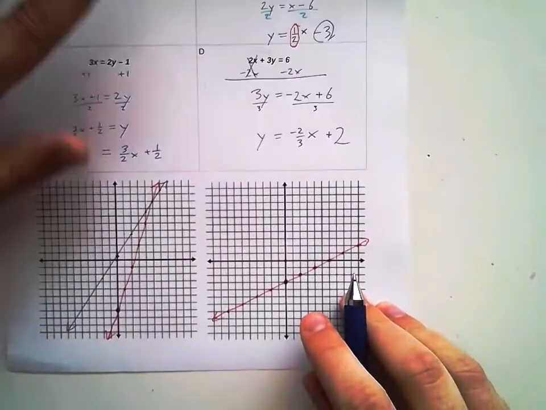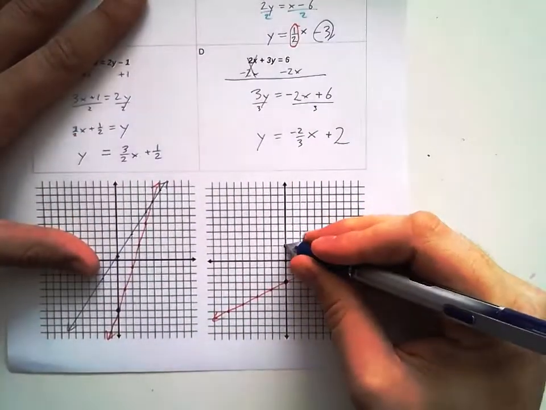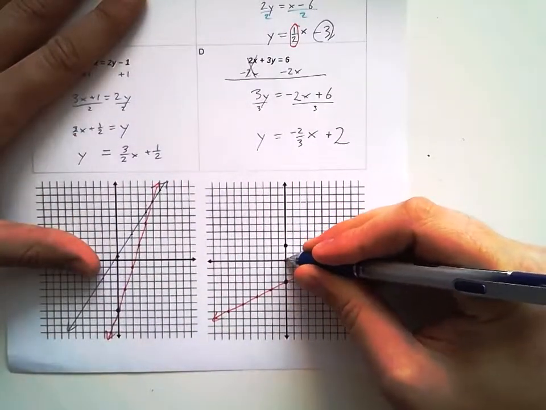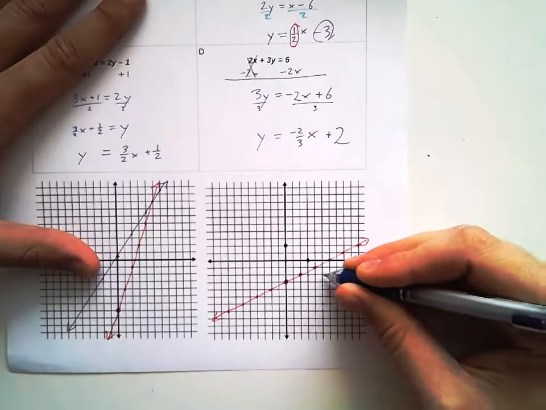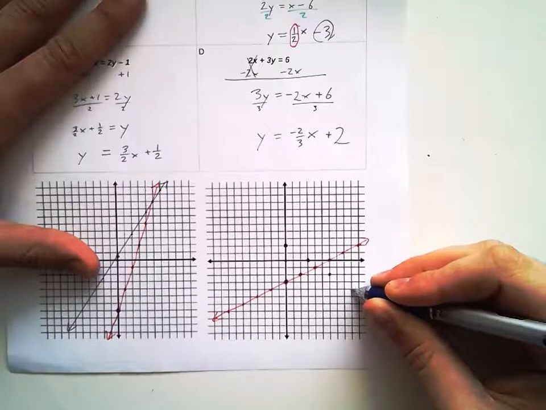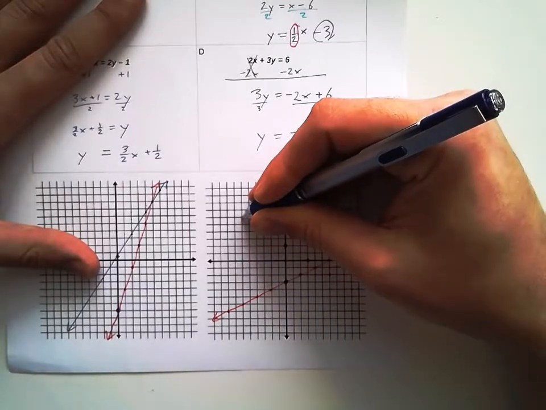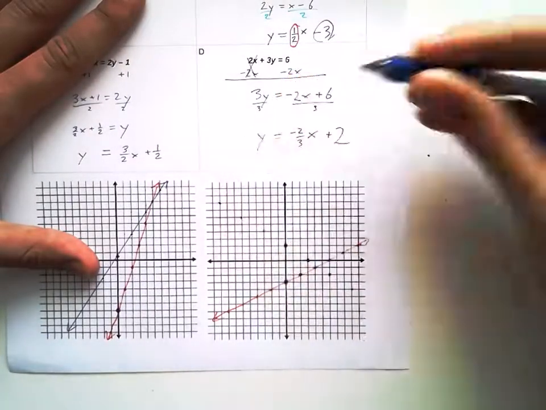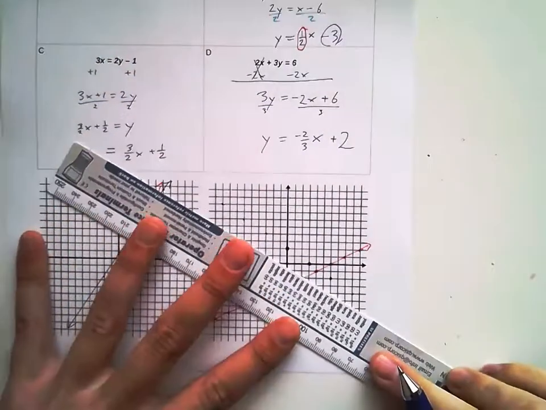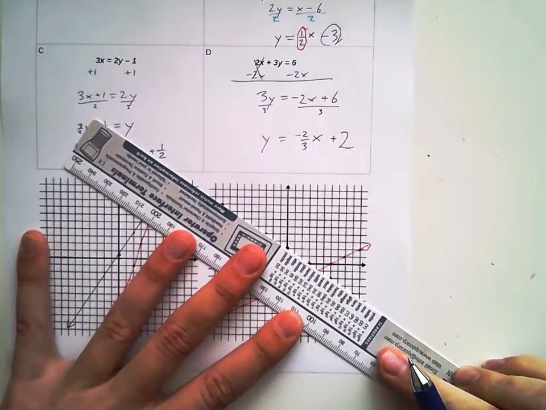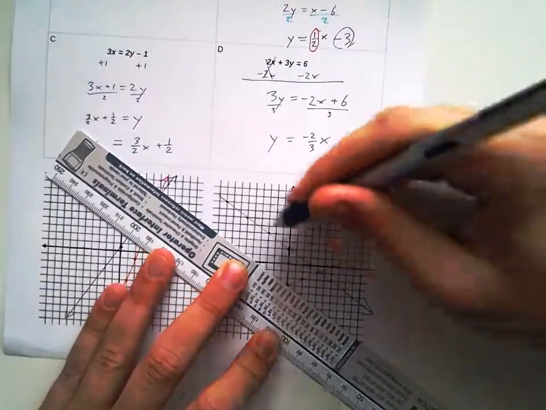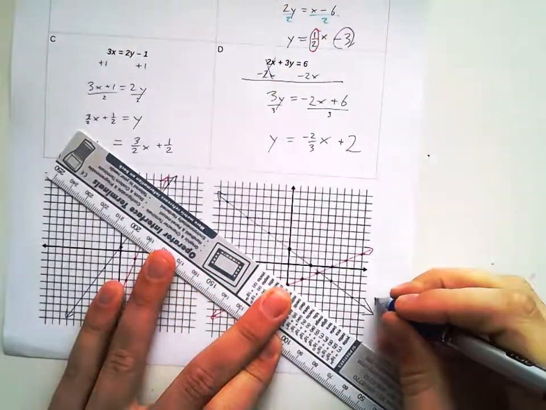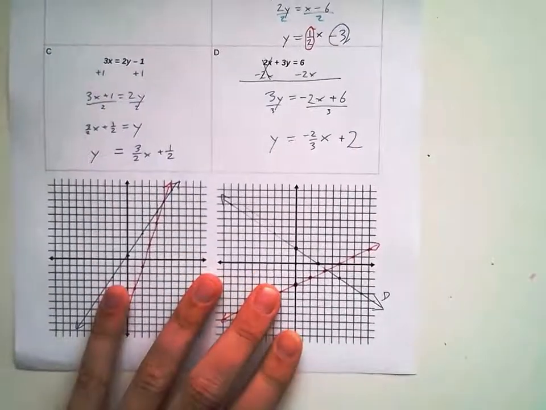So we'll start down here at 2 and go down 2 over 3. Down 2 over 3. And that is the line for D.